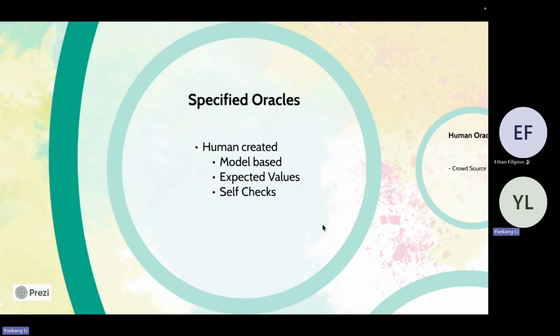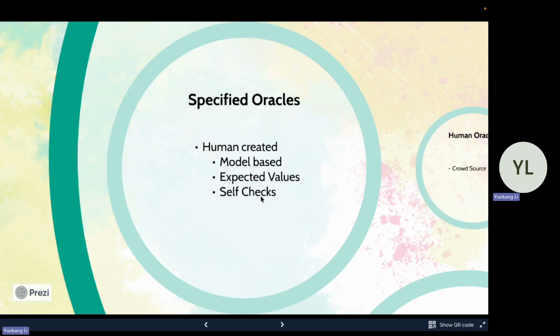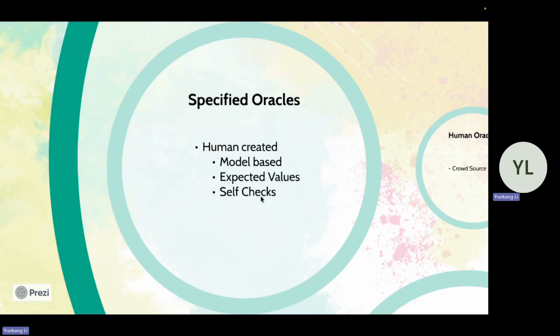So we can use model-based oracles. For example, we can use finite state machines to check if the program runs into an error state. And normally we just use some expected values, right? Like asserting whether the output equals some expected value or not.